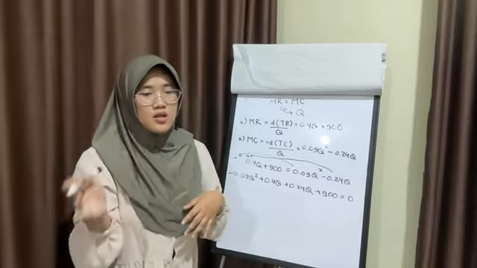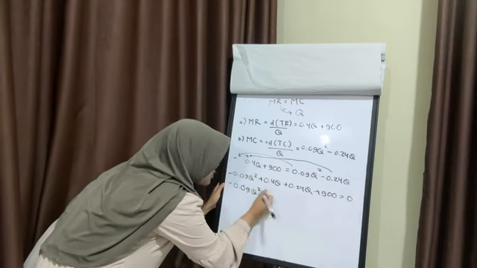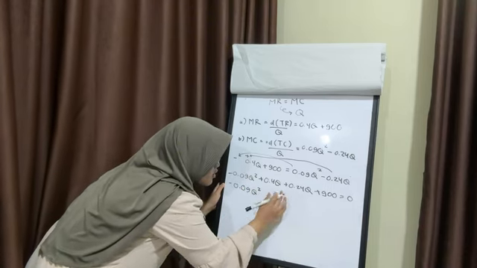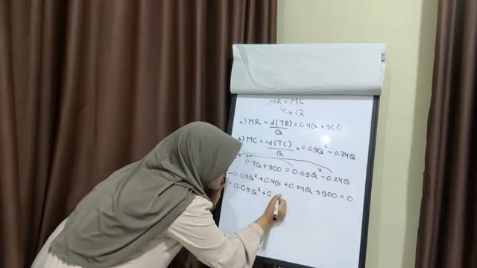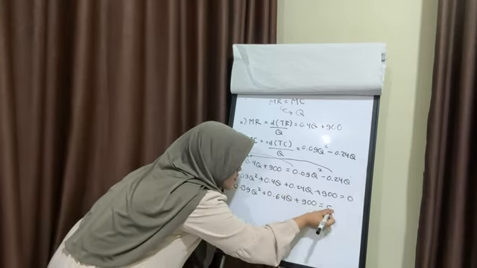So let's do the problem here. It means that 0.09Q squared plus 0.64Q plus 900 is 0. So what are you going to do from here?